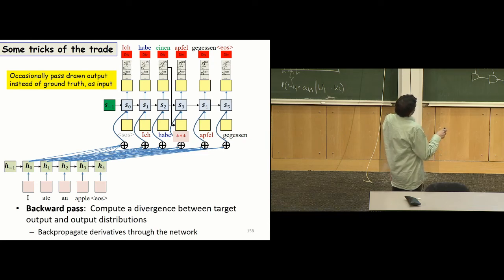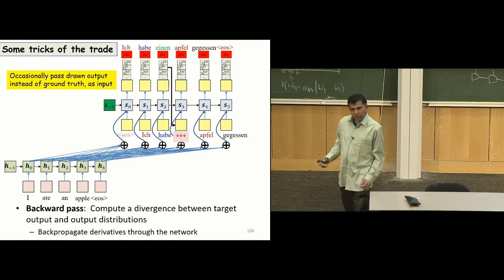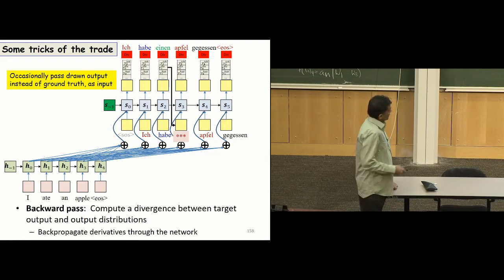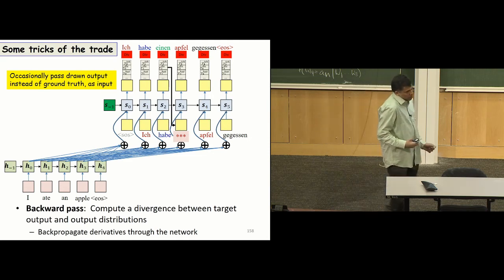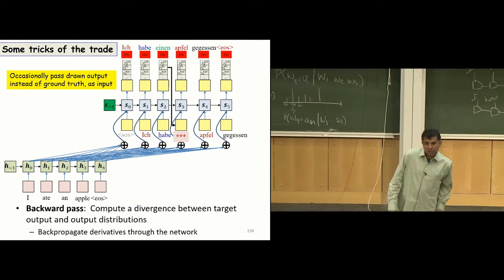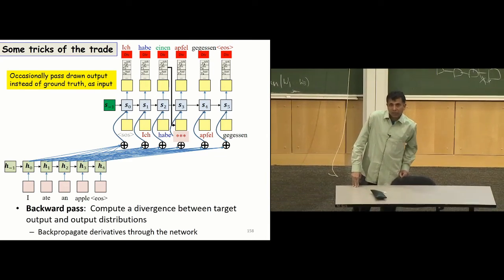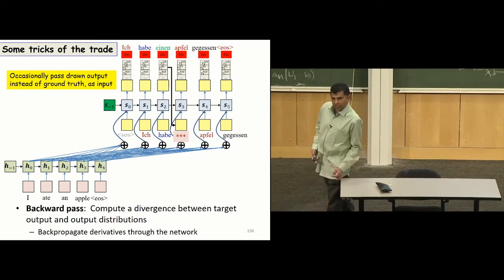So for example, instead of passing Ich habe einen Apfel gegessen, for this third word you can randomly choose some word from this distribution using whatever procedure you might choose for random selection, and feed that input in over here and train the network. The objective of this is to force the network to learn to produce the correct output, even if some of the previous words were erroneously converted.